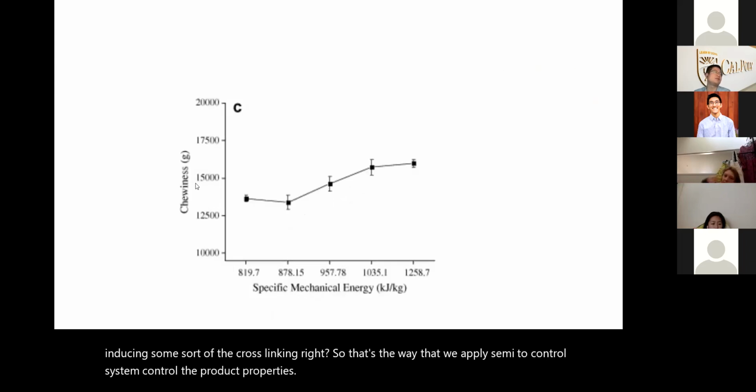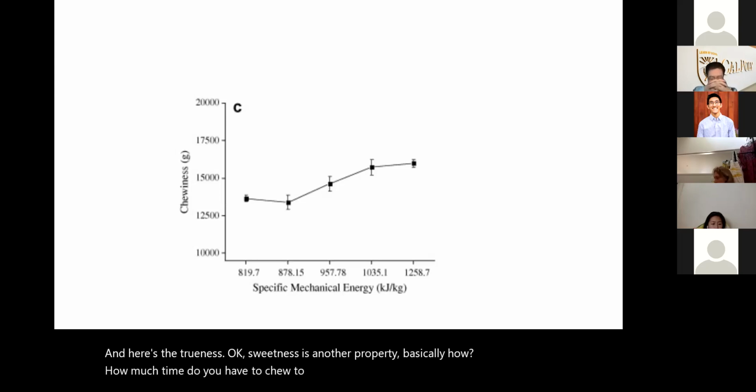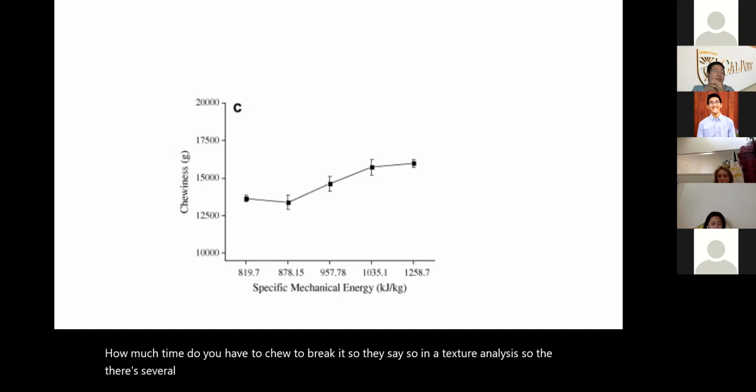And here's the chewiness. Chewiness is another property, basically how much time you have to chew to break it. In a texture analysis, there are several terms in the TPA analysis. Chewiness is basically a repeated pressure test.